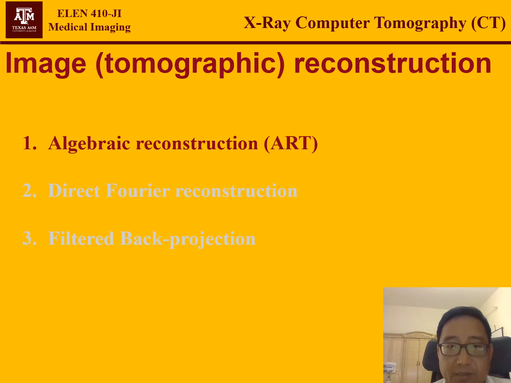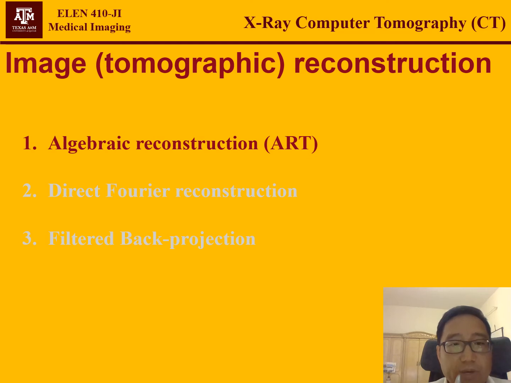All right, with that, we come down to how do we use this model to reconstruct an image. If you have the views at different angles theta, and at different distances to the origin, there are, in principle, 3 ways you can solve that problem. The first is algebraic reconstruction, which I'm going to go through in a little bit of detail.